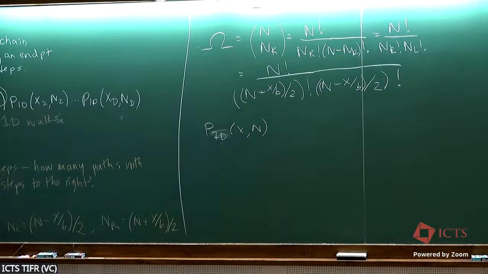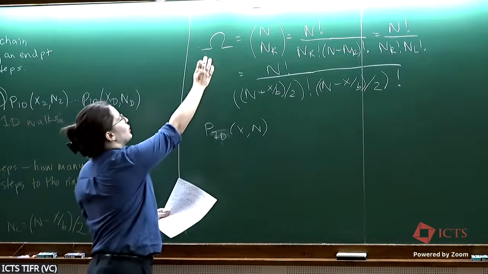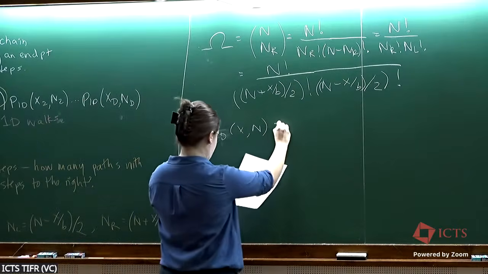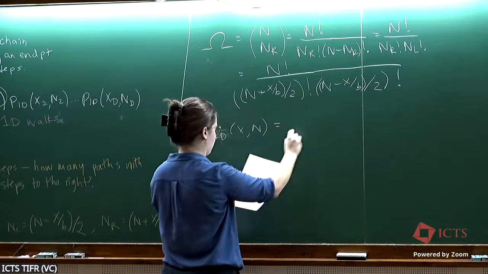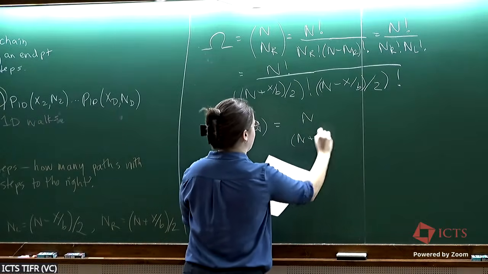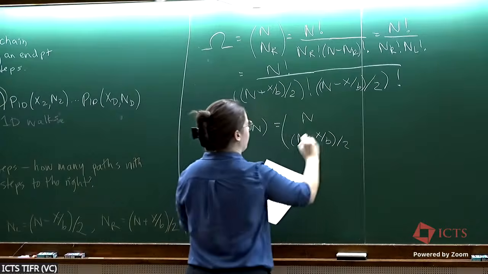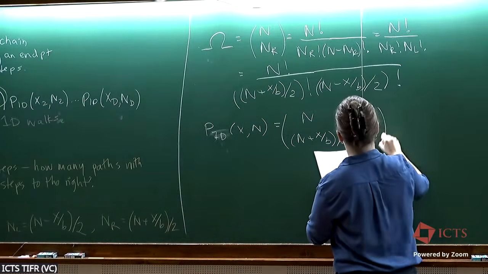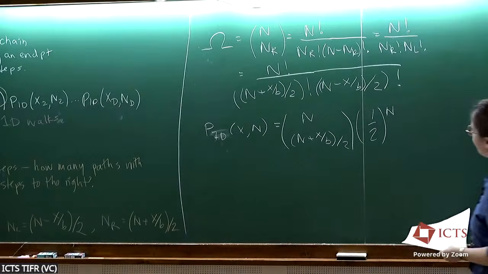That's how many total paths there are, and that's how we're turning this counting argument into a probability. So this would just be n choose (n plus x over b) over 2, I won't write out all the factorials again, times 1/2 to the n. That would give us a probability.